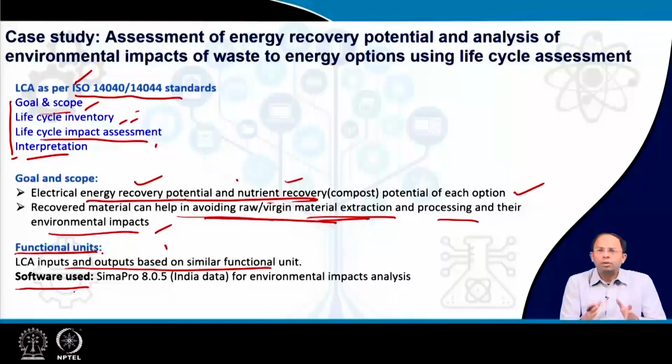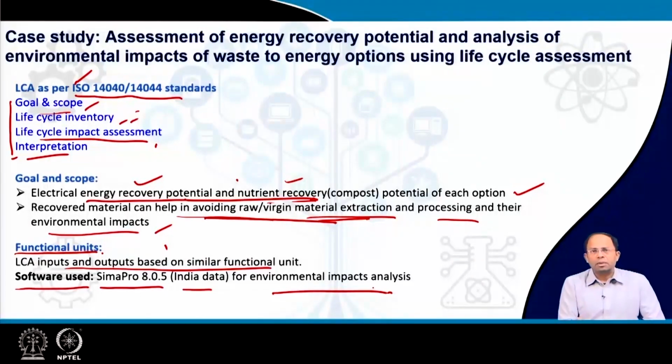So there is a huge list of all this. These are maintained in the form of libraries, and for that we use software which has this information built into it, and which can help us in doing this impact assessment analysis. One of these software is SimaPro 8.05, which has been utilized in this particular study, and it has a lot of data from India, particularly regarding environmental impacts of particular inputs, and that is being utilized in this study.